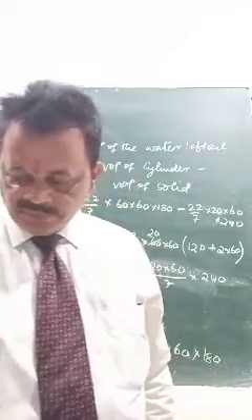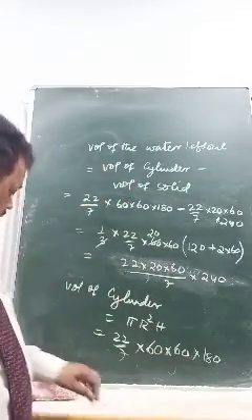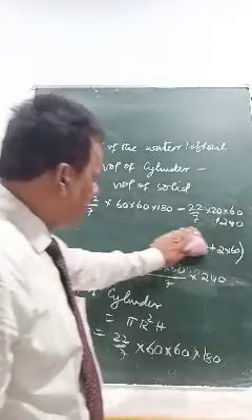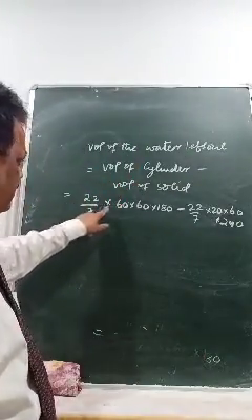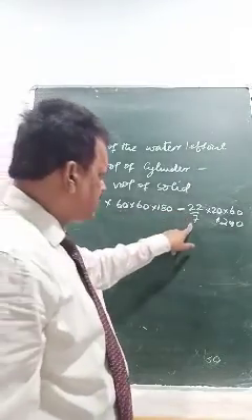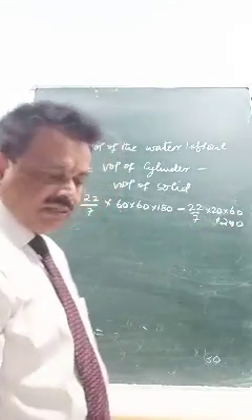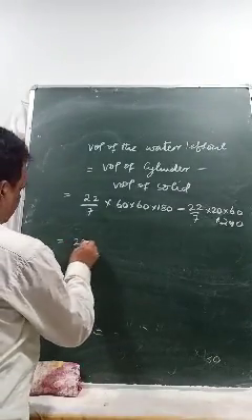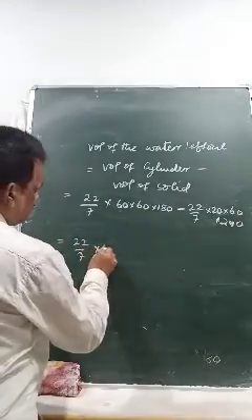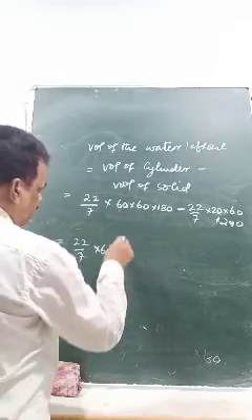Okay. So always if you take common, that is easy. Look at 22 by 7, 60: 22 by 7, 60 is common. First you take that out.